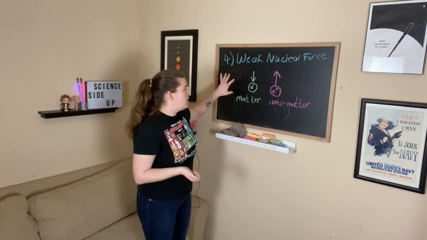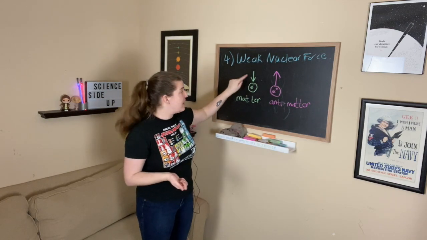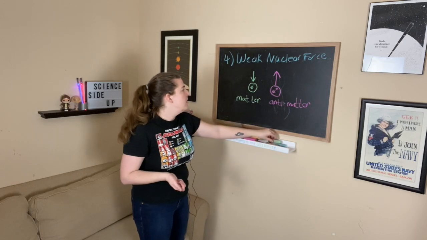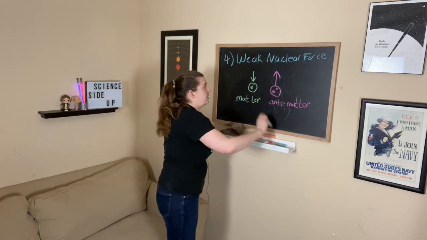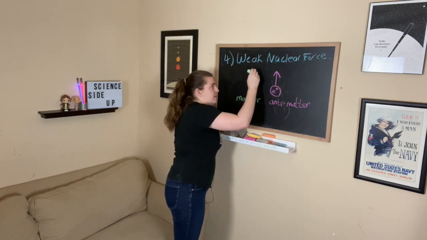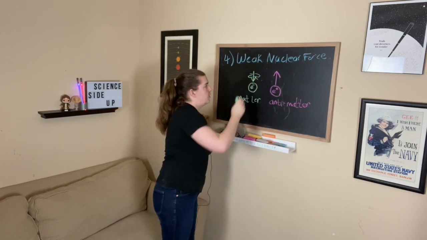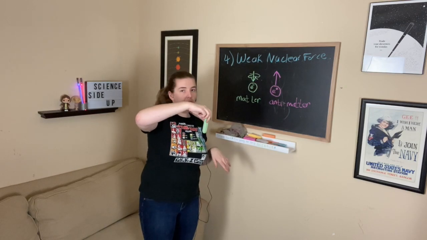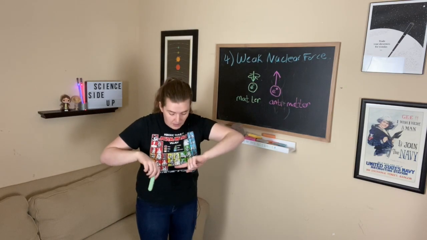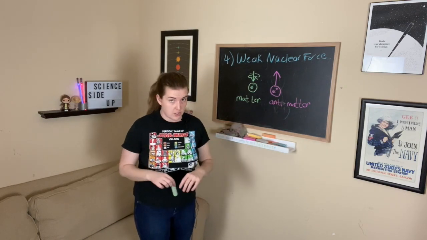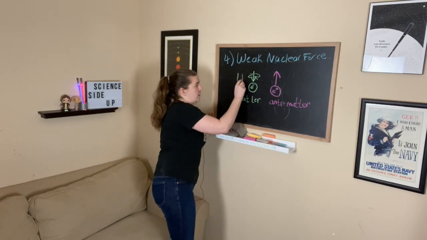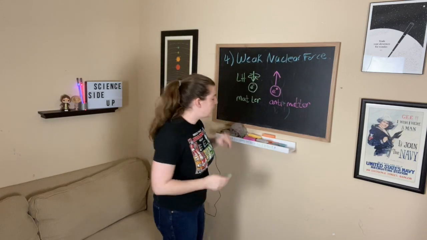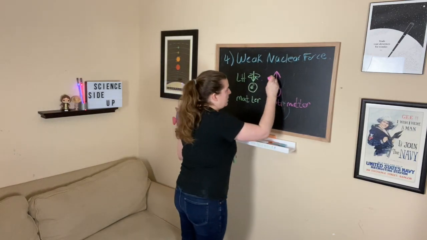So I have drawn this electron with the arrow here indicating its spin. It's spinning this way. You can think of that as, if you were looking at the top of it, it's spinning clockwise. So that's a left-handed spin. And the positron is spinning the other way.